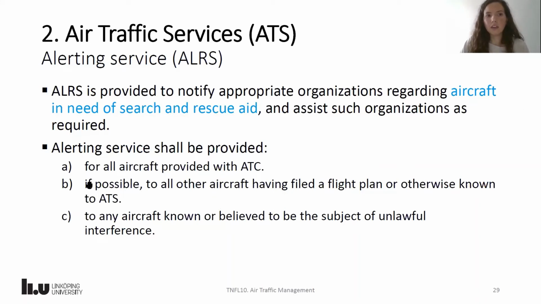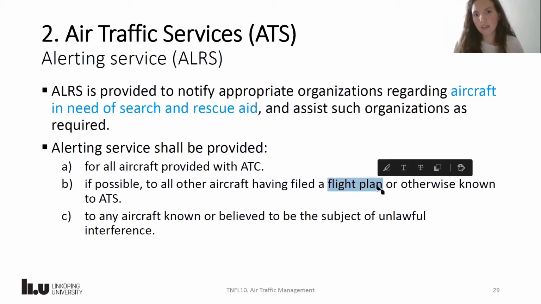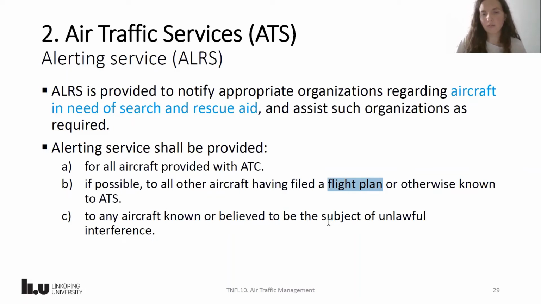So the alerting service must be provided for all the aircraft that have air traffic control. And if possible, all those aircraft that have filed a flight plan. We will see later what a flight plan is. Maybe you already know. Basically, a flight plan is the intent of the aircraft, and they share it with the ATS, but not all flights have to file a flight plan.